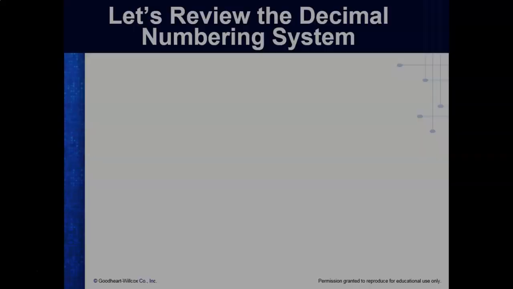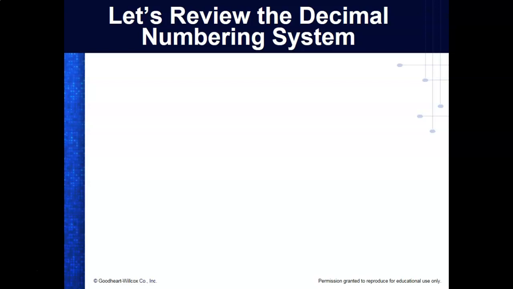So, the decimal number system. We know a little bit about the decimal number system, and if we can compare what we know to something new, it makes it a lot easier to learn. This is what gets people confused, in that some of our numbering systems use the same symbols.